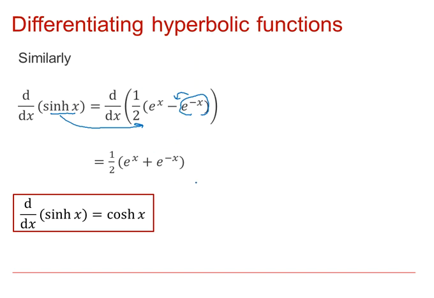So it's half e to the x plus e to the minus x. So the derivative of sinh x is cosh x, and again it would make sense to think about integrating cosh x at this stage. And if you integrate cosh x with respect to x, you will indeed get sinh x. So we now have a way of differentiating and integrating sinh x and cosh x.